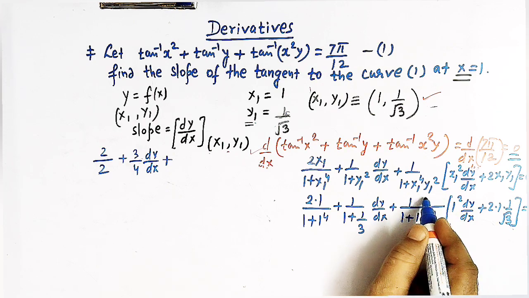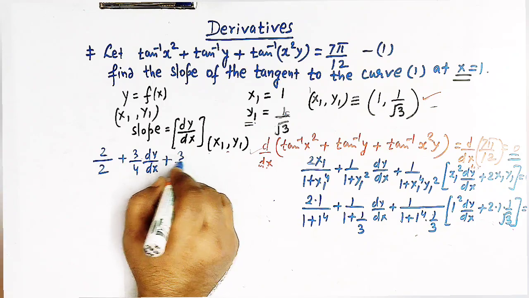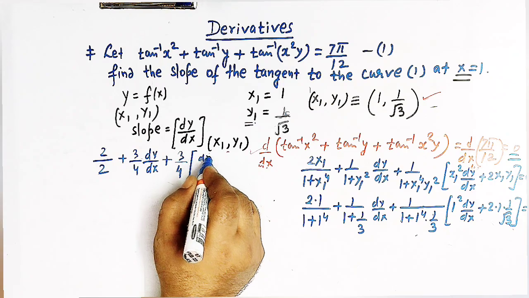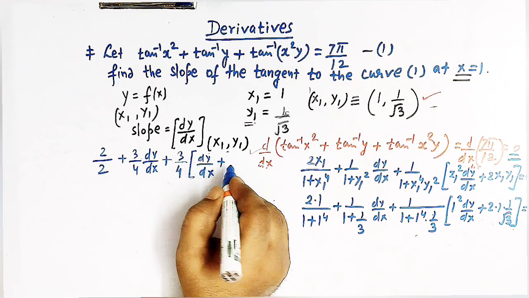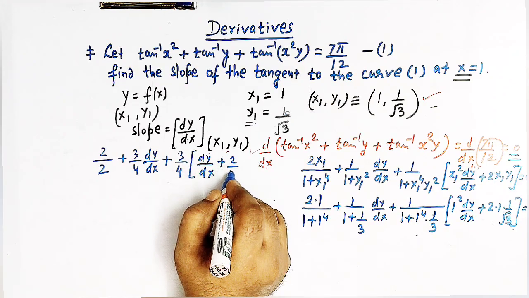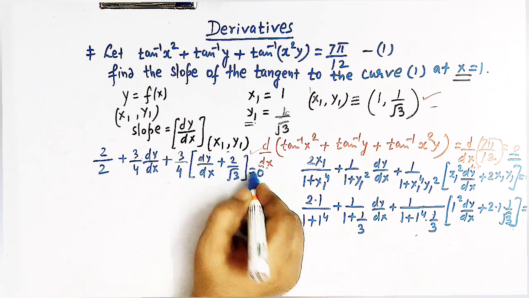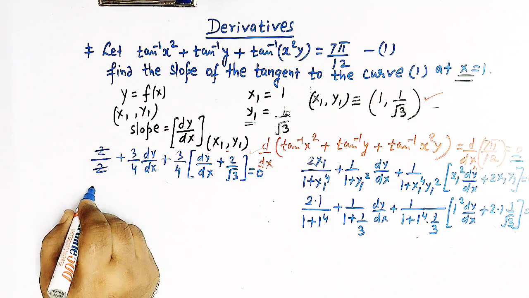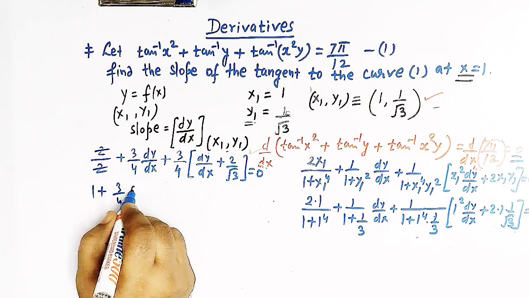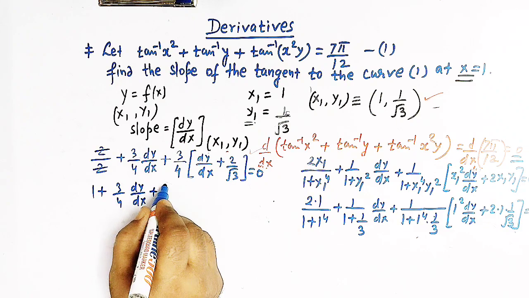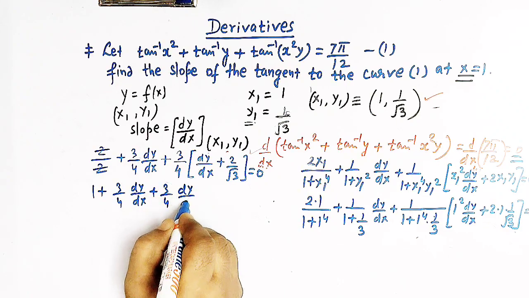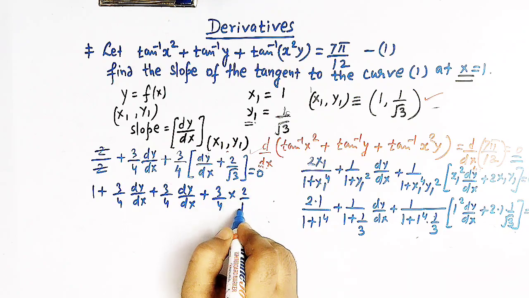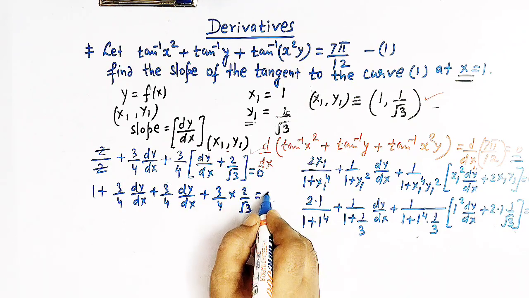Then taking 3 to the numerator we have 3 over 4, and then we have simply here dy over dx plus this is 2 over 3, and this is equal to 0. So now this is simply 1. This is 3 by 4 dy over dx plus 3 by 4 dy over dx, and this is 3 by 4 times 2 over square root of 3, that is equal to 0.